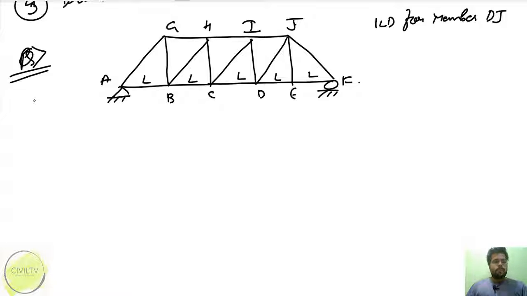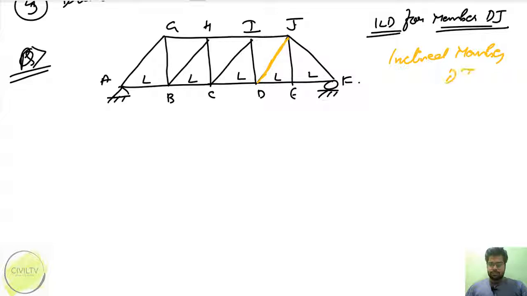What they have asked in the question is the influence line diagram for the member DJ. This is D and this is J. This is an inclined member, DJ, and I have to draw its influence line diagram. So how will we do it, let's see.